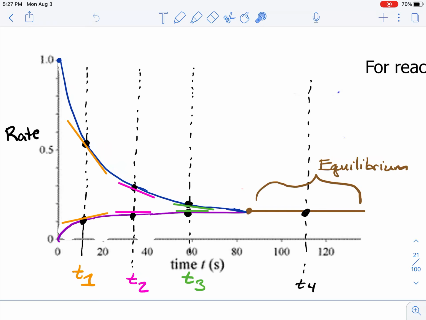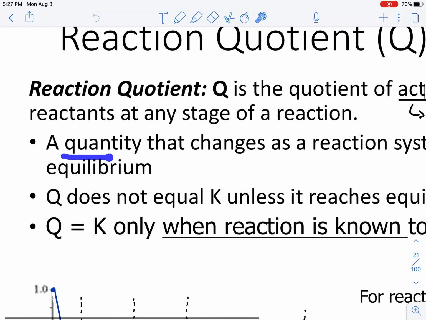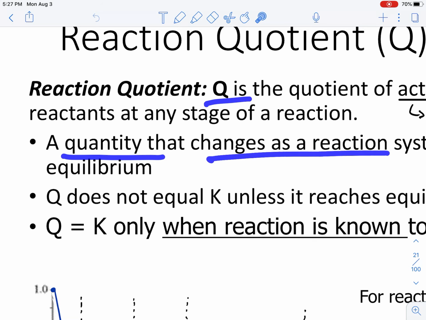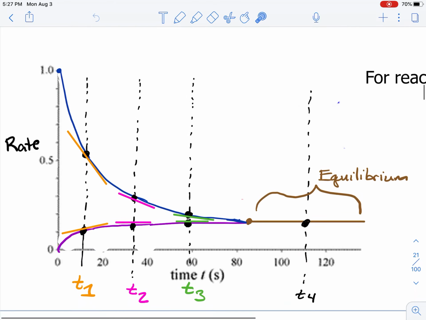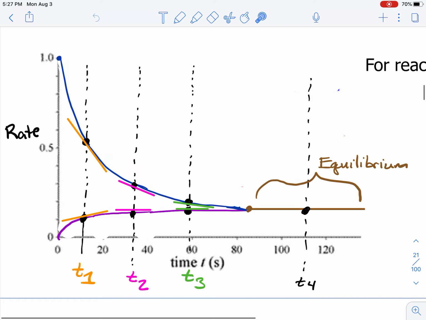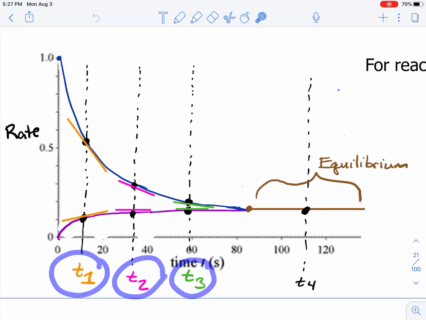And to better understand why the quantity of Q changes as the reaction progresses, we can go ahead and pick three different snapshots in time, which are going to be represented by T1, T2, and T3.